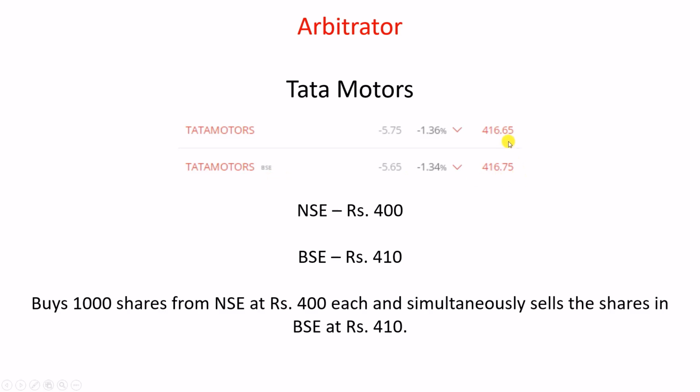That means if you want to buy one share from NSE, you have to pay this much. If you want to buy one share from BSE, you need to pay this much. Now the price difference depends on various factors which you do not have to worry about. The amount of volume being traded and volatility, everything counts for the price difference.